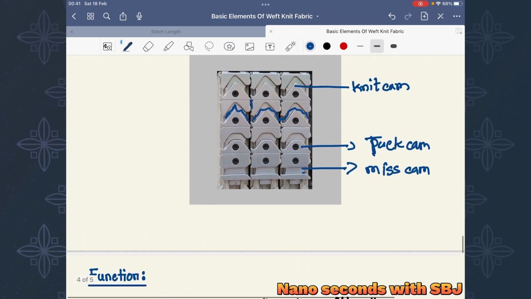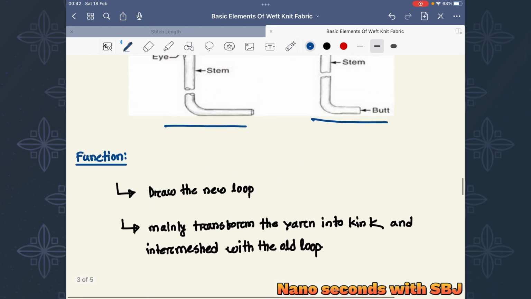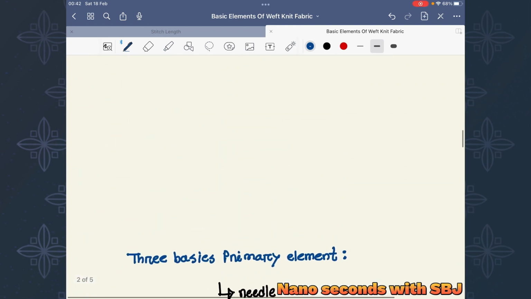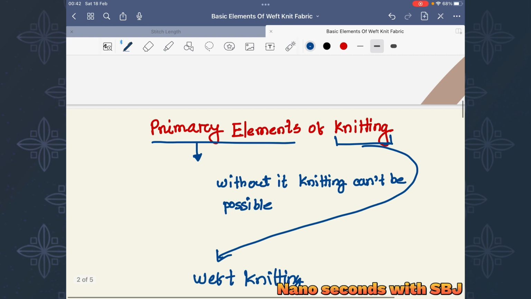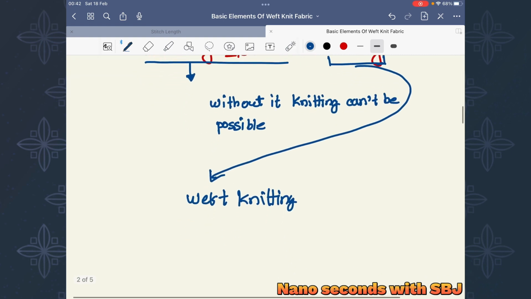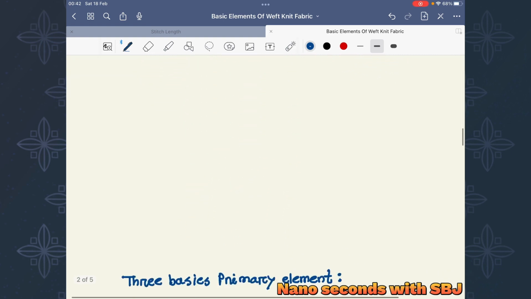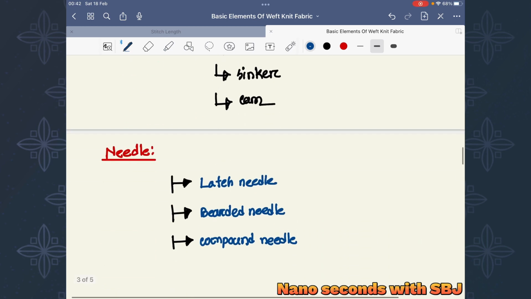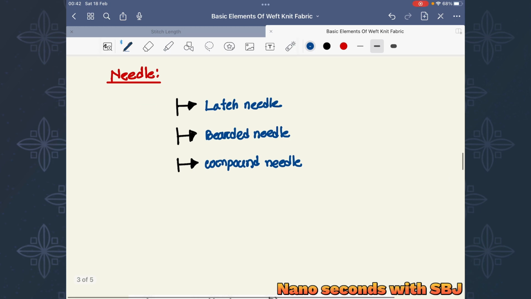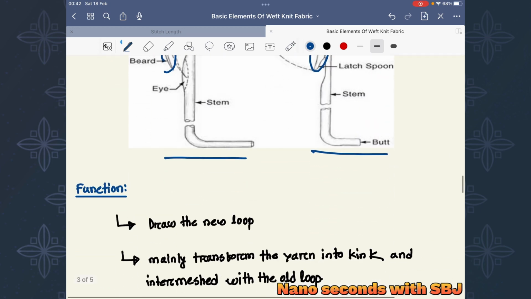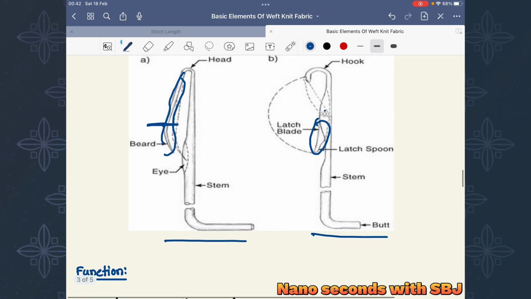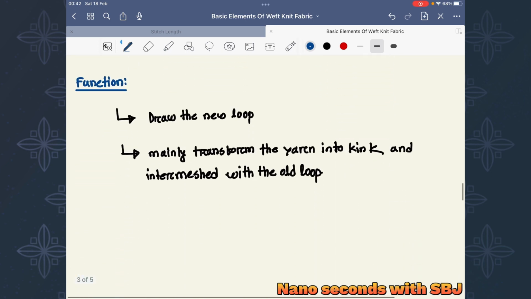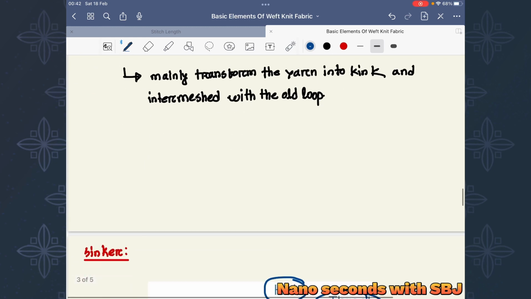If we want to summarize today's class, we have learned about the primary elements of knitting. We have learned what primary elements are, and then the three primary elements: needle, sinker, cam. For the needle, we learned latch needle, bearded needle, and compound needle. We have seen the picture of the latch and bearded needle, and also learned the basic function of the needles.